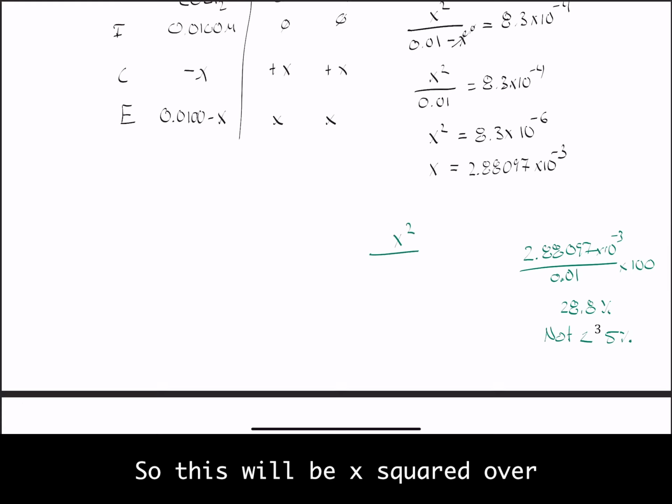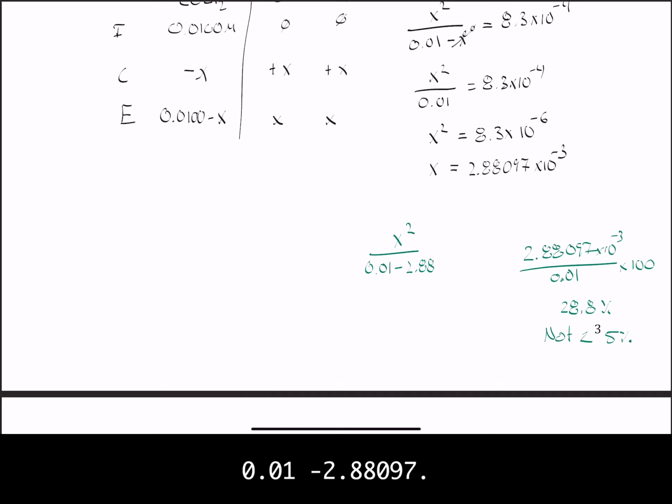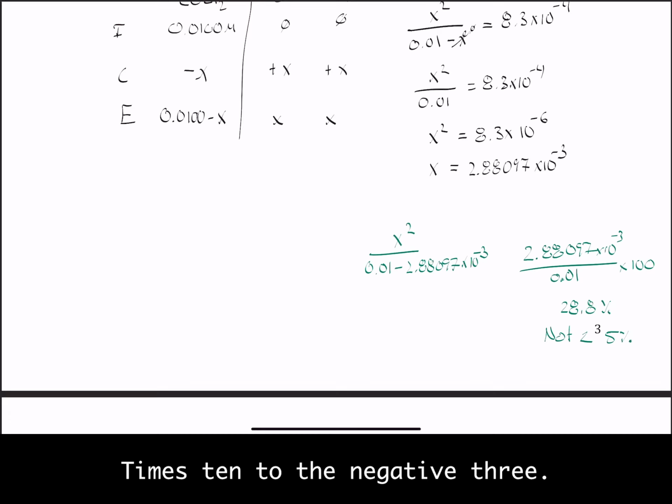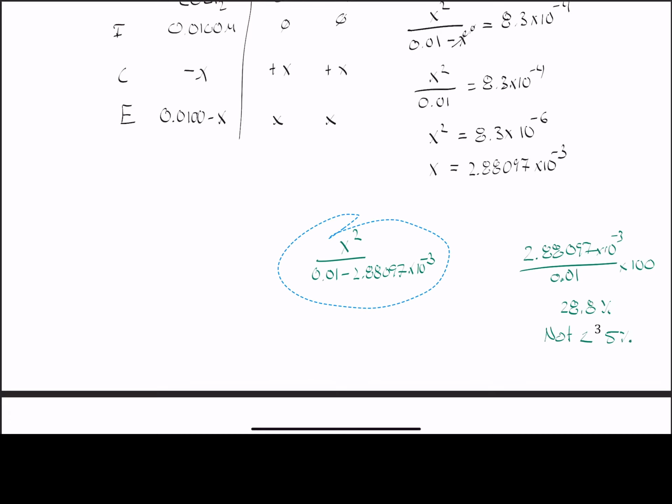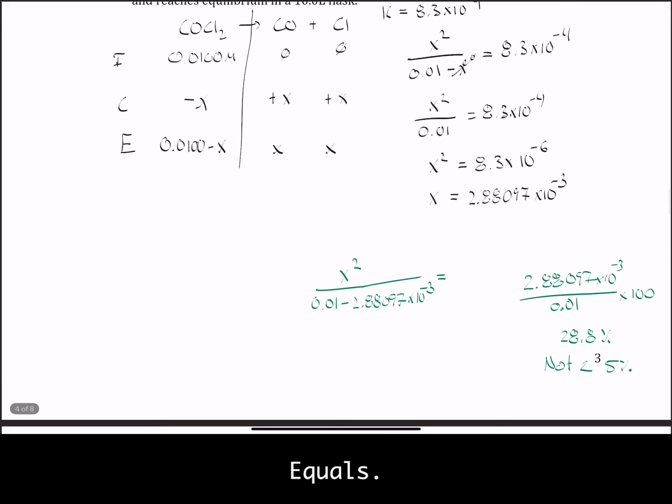So this will be x squared over 0.01 minus 2.88097 times 10 to the negative 3 equals, and we solve for x again.